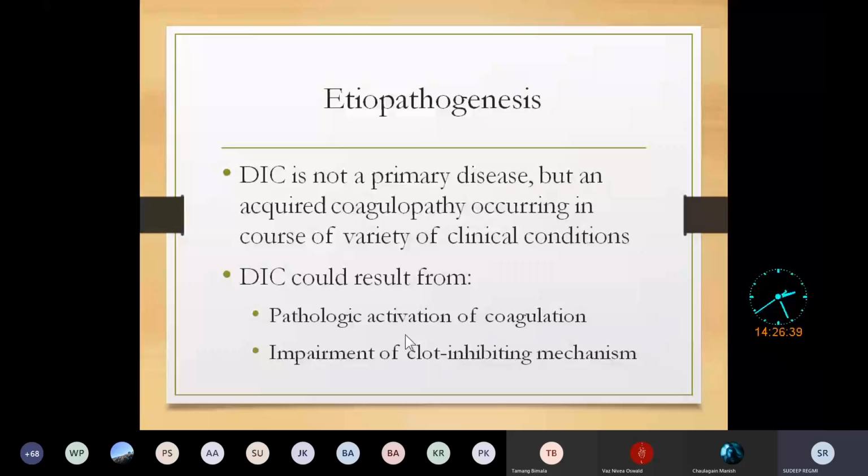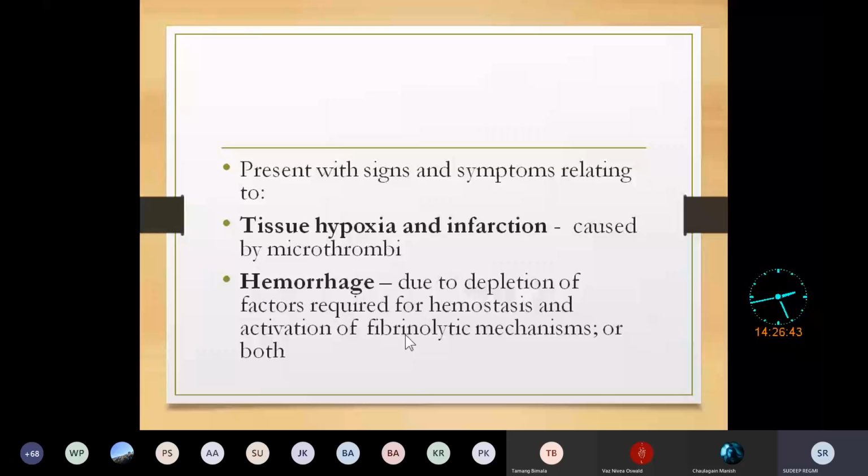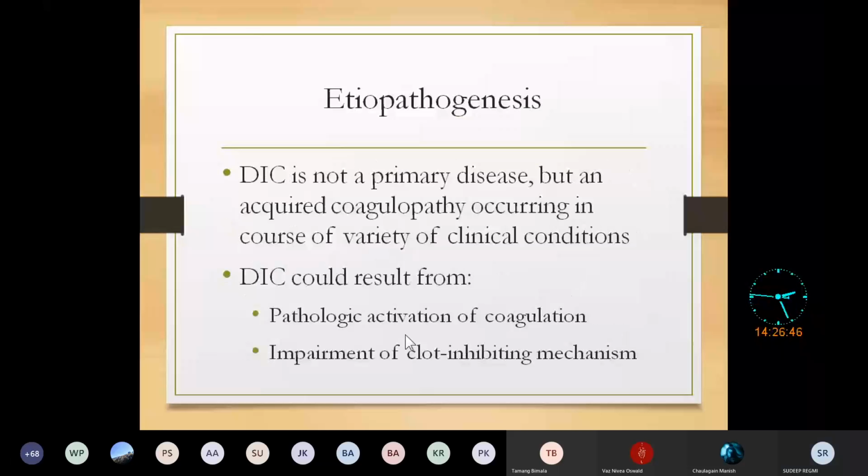Now let's go to the etiopathogenesis of DIC. Like we already discussed, DIC is not a primary disease, but it is a complication of various clinical conditions. It is an acquired coagulopathy.